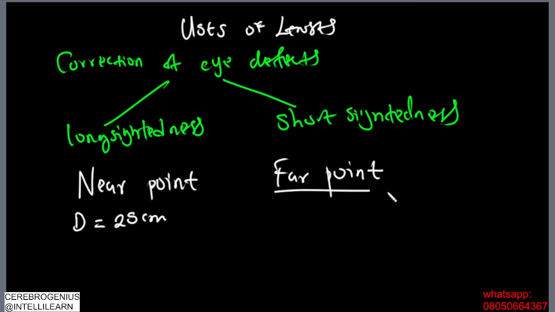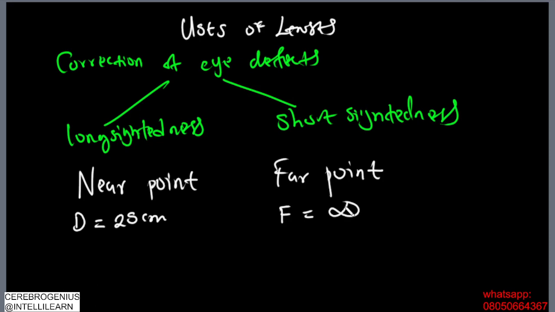While what do you call far point? Now, far point is the maximum distance an object will be from you, so that you still be able to see it. The far point of a person, let me represent it as f, is always infinity.